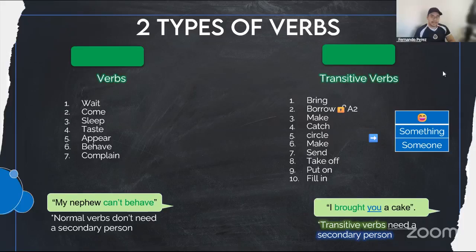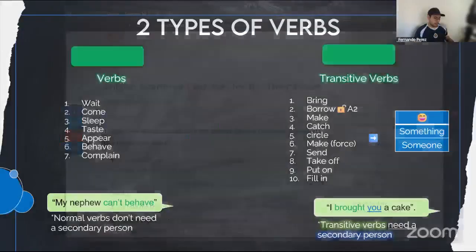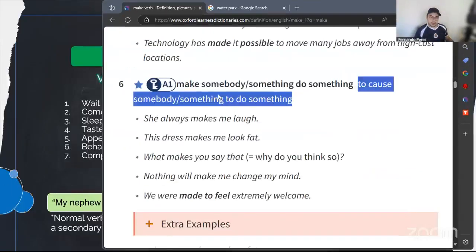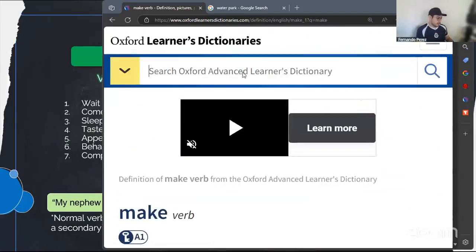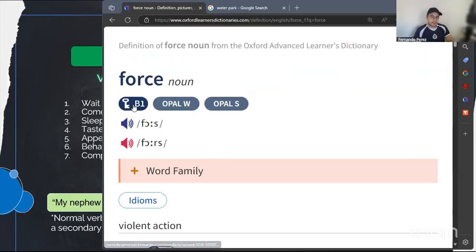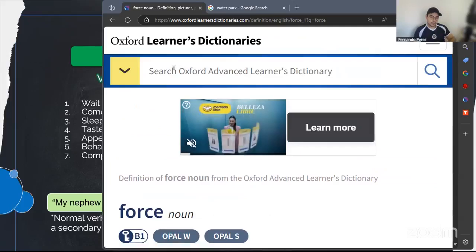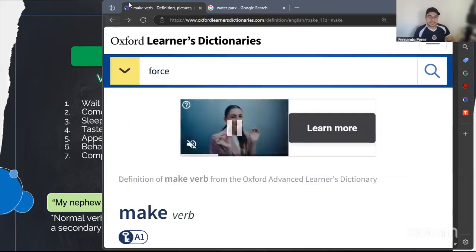The verb make as transitive can be similar to force. What is to force? Forzar. So when you say makes me, or force. This is B1, so this is more advanced. So let's use makes someone do something, which is to force.